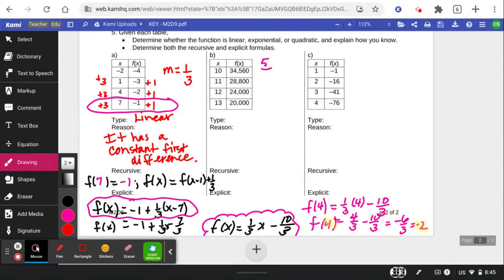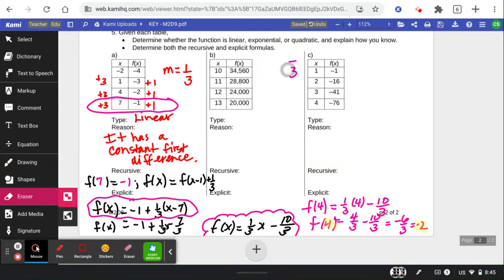So if you do 5 divided by 6 on a calculator, it gives you that 0.83 repeating. So 5/6 is our multiplier.